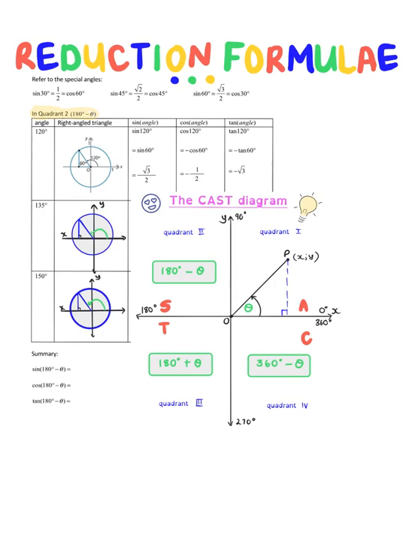Let's look at the angle that they gave us to start with. They gave us 120 degrees. Do you agree with me that 120 degrees is definitely in quadrant 2? Quadrant 2 is angles between 90 and 180. So 120 degrees definitely falls into quadrant 2.